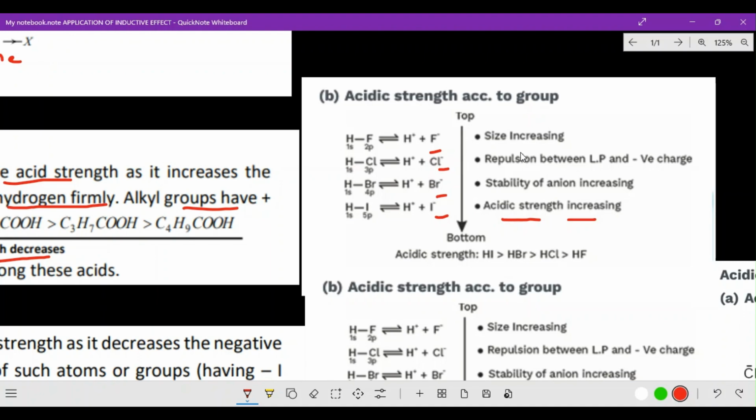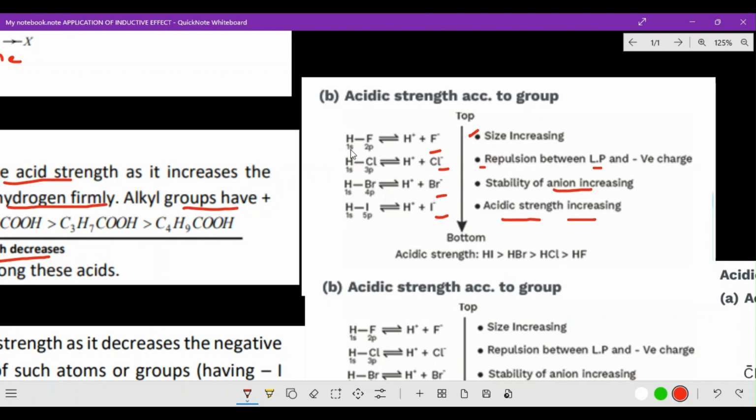What are the reasons? The size increases from fluorine to iodine, from top to down in that group. Next, repulsion between lone pair and negative charge. Next, stability of anion increases, and the last point, acidic strength increases.